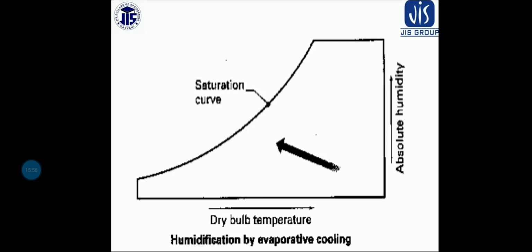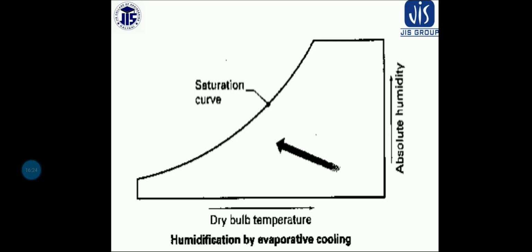So we should discuss the adiabatic saturation process, basically in an insulated chamber. When unsaturated air flows over a long sheet of water, the water evaporates and the specific humidity of the air increases.